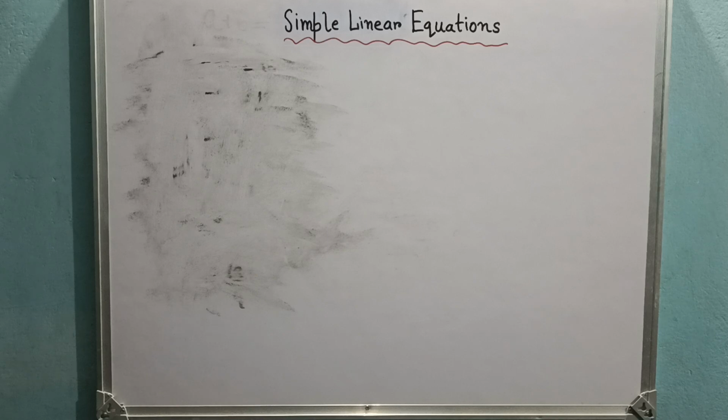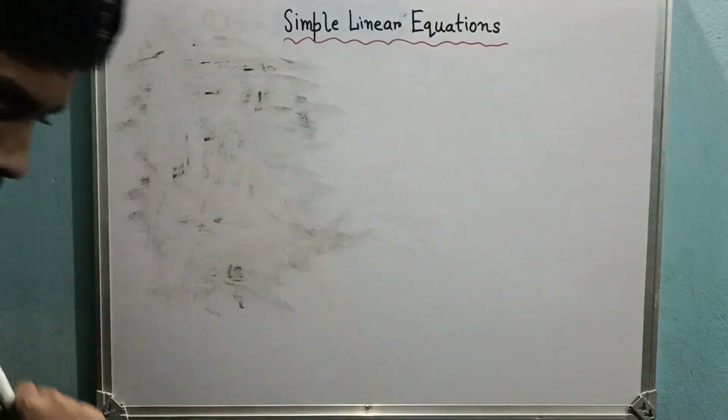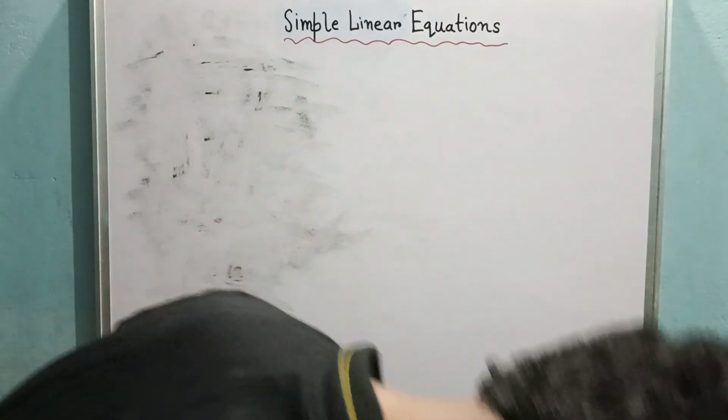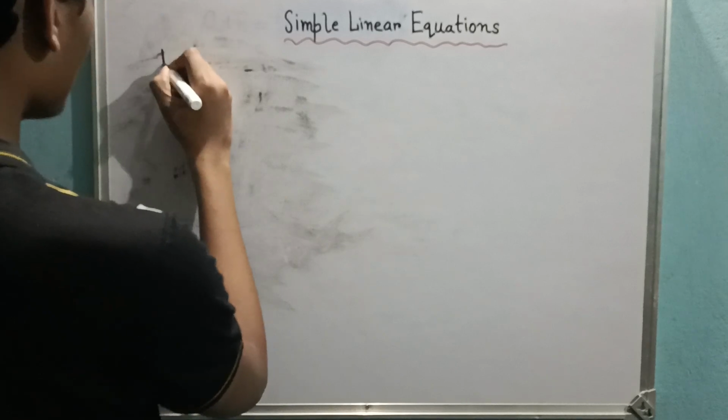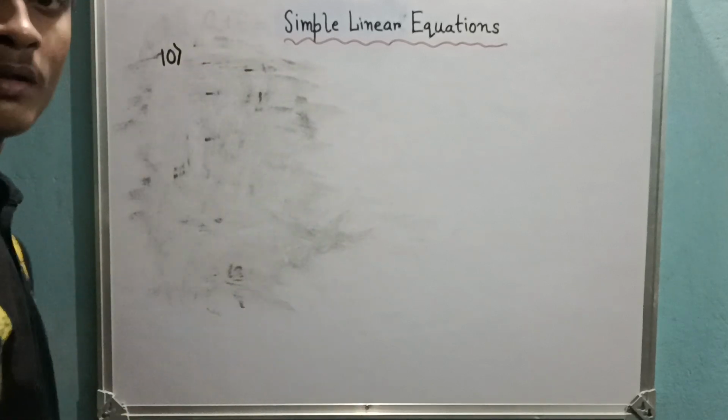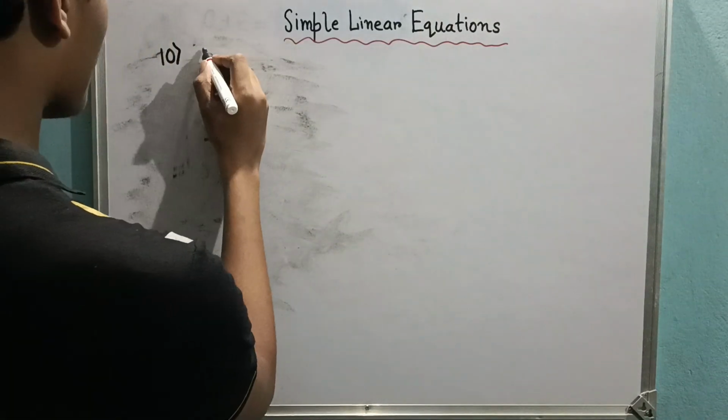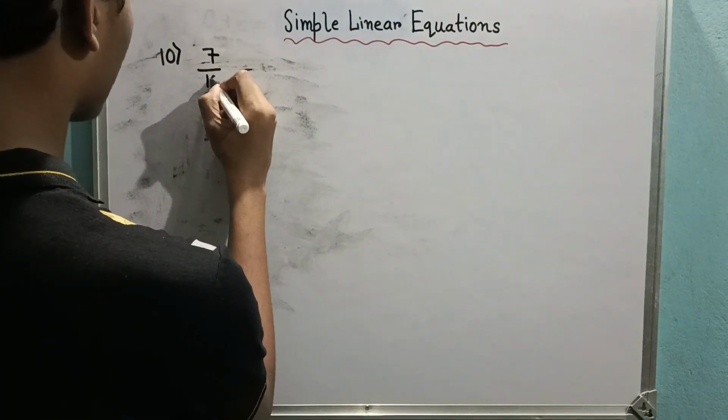Okay, so let's see what we have got here. So this is a sum of many steps, but this is also easy, following the basic rules of the sums I have done till now. So 7 by 10x.